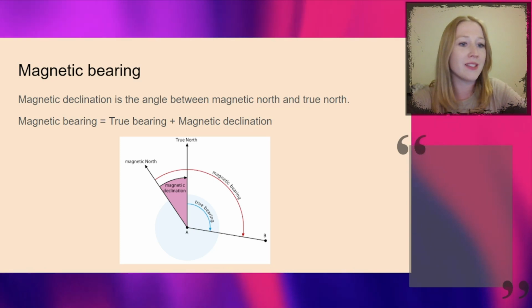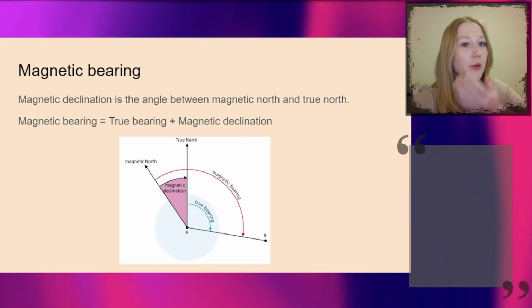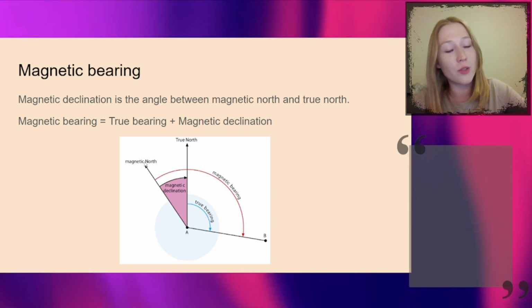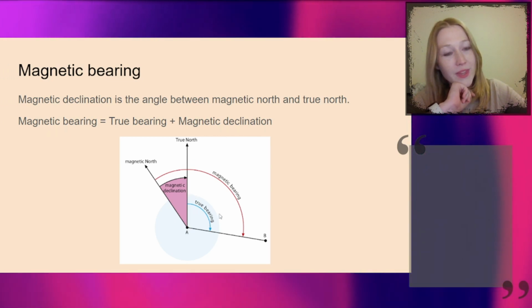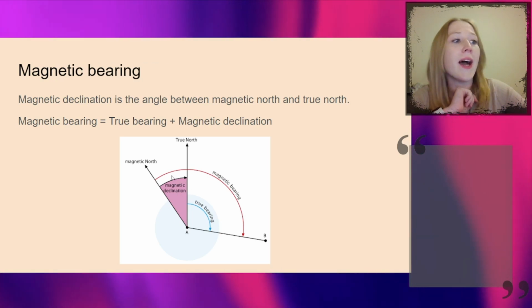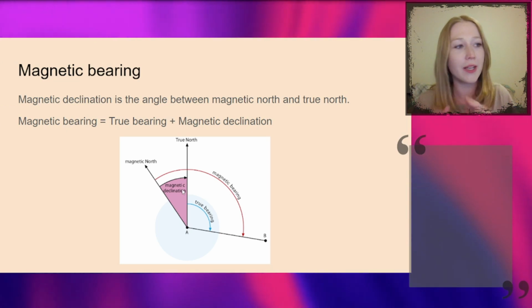Now let's see how this all comes together. Magnetic bearing, I told you, was the measure from magnetic north. We take our true north that we measured right at the beginning. We add what we worked out. We add how much it was off by.